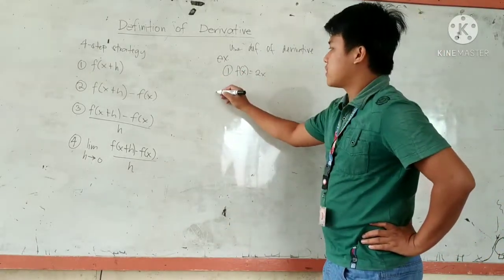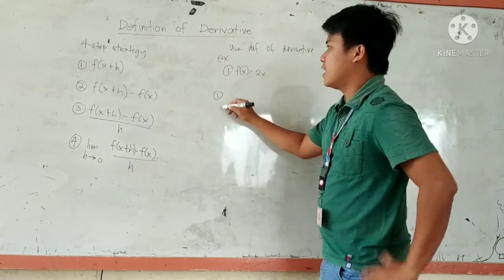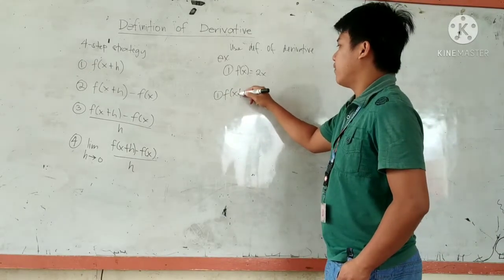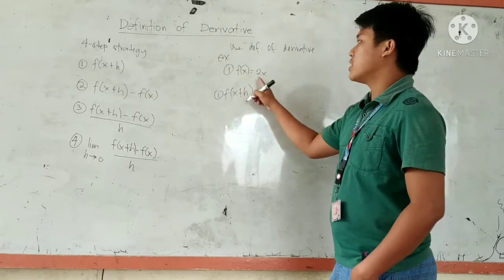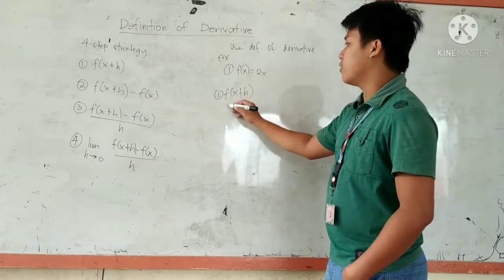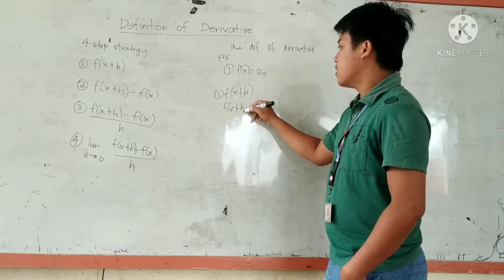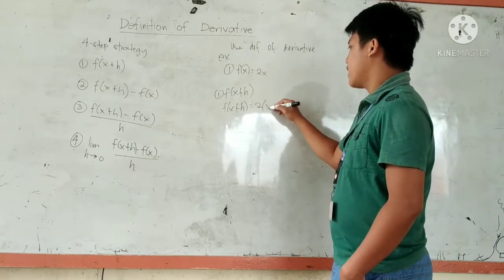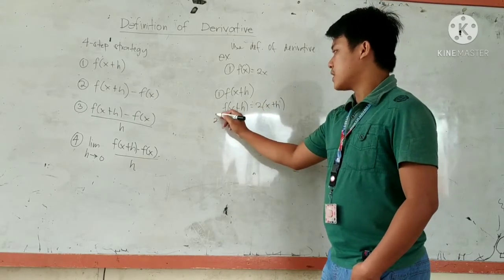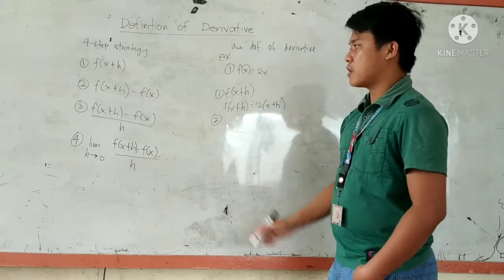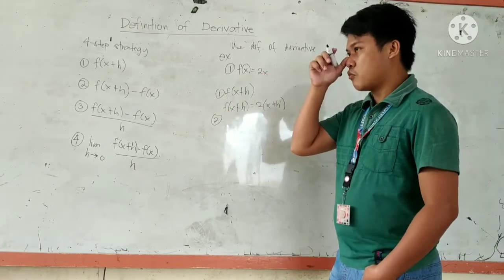In the first step, we're going to evaluate f of x plus h. Looking back at our original function, we're going to substitute our x with x plus h.